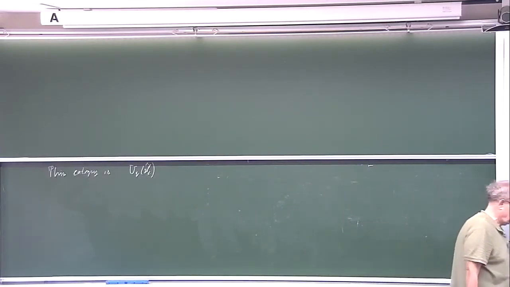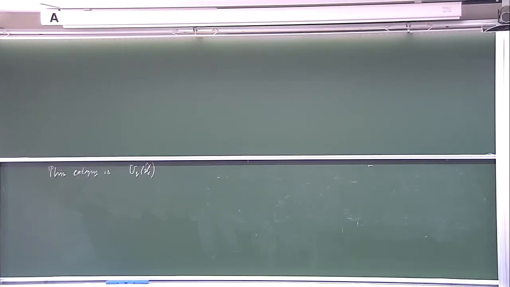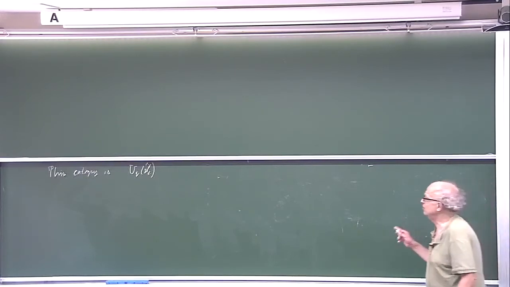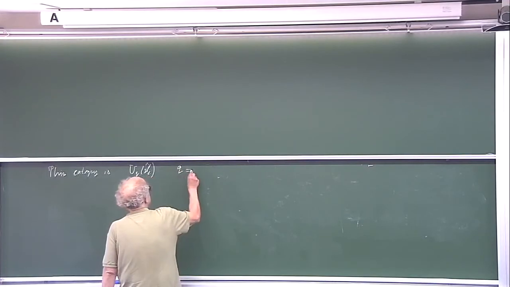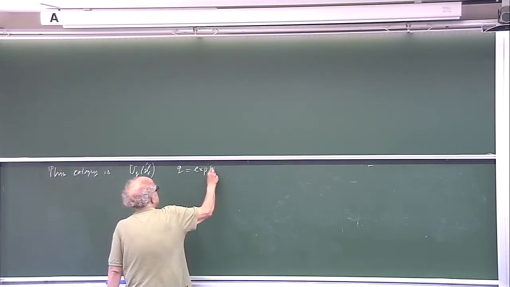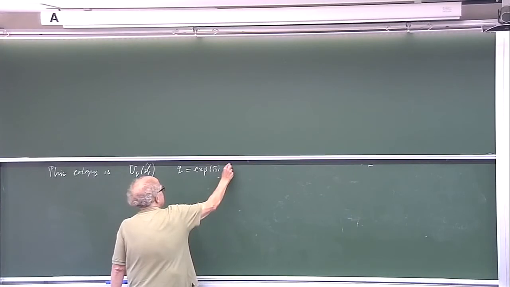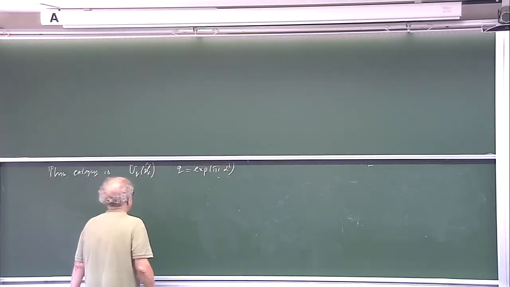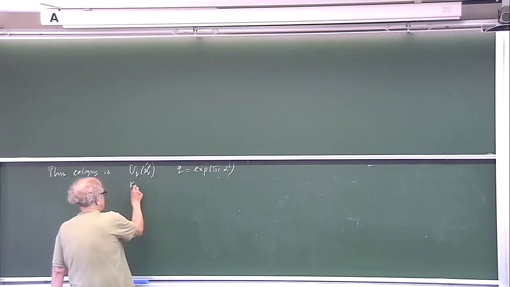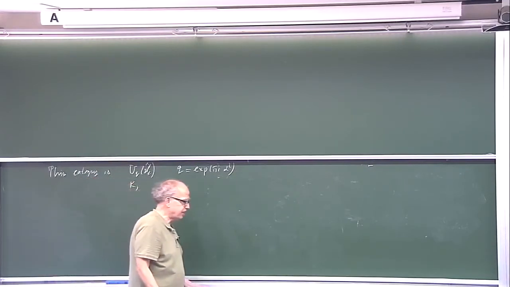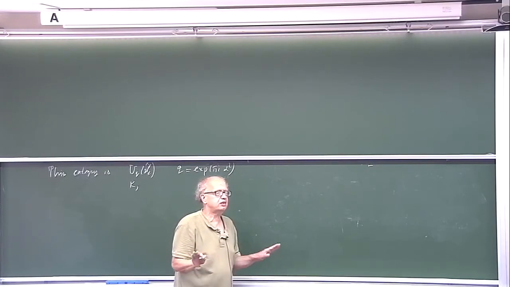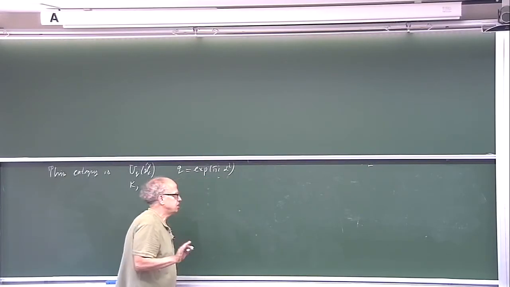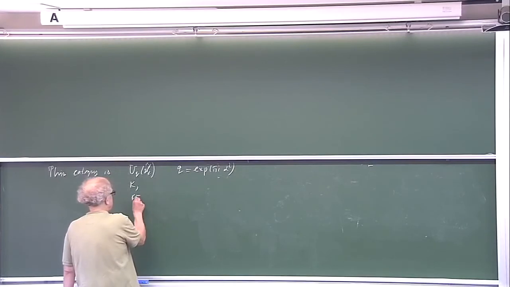I said that in U_q sl2 hat, the parameter q is exponent pi i alpha square, and we also have a level. In principle, any level is involved in this situation. Right now, let me consider the case when k equals 0 only.